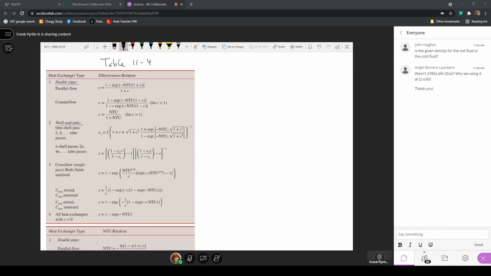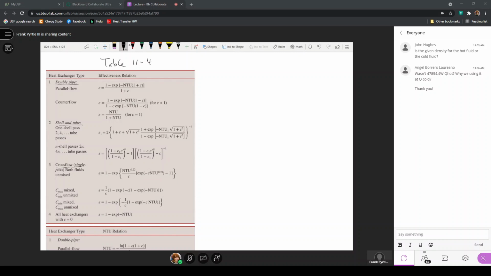Also the cross-flow heat exchangers, both fluids unmixed, mixed and unmixed. Here we have different expressions for mixed and unmixed: if the fluid flowing on the outside of the tube in cross-flow has C max, we would use this expression, and if it's C min, we use this expression.